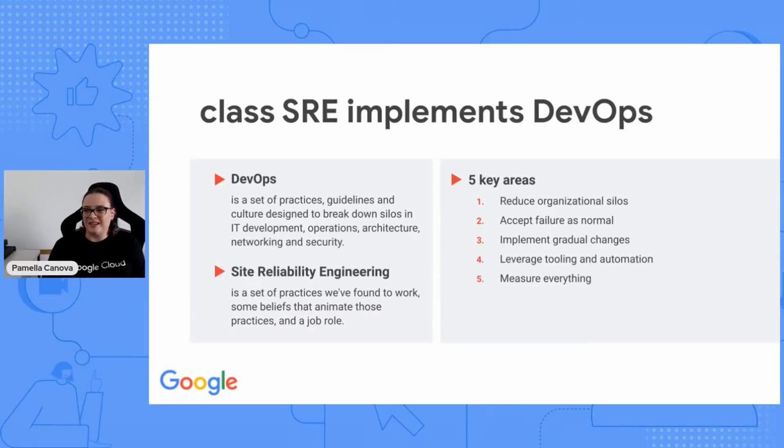It's implementing DevOps with a different perspective, but I think the goal is the same: always building scalable and reliable software. It's always the same, but implemented in a different way. And in the next slides, we're going to talk about these 5 different areas from DevOps and how SRE works to implement them.